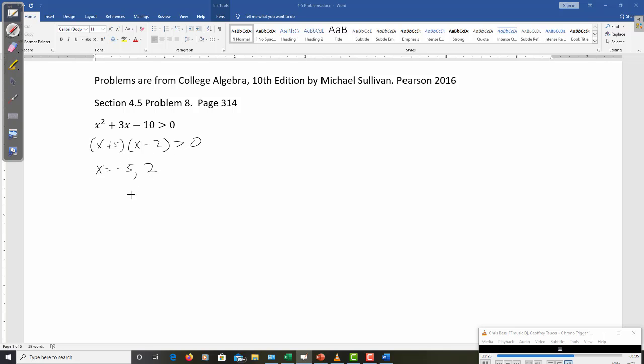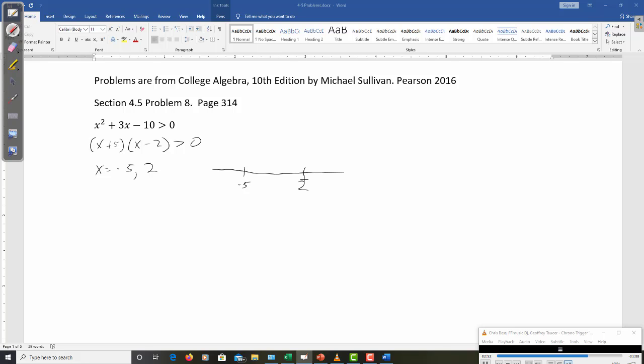So that means our solution intervals are going to be around these things, but not at them. So that's why we use these to divide up the number line into intervals. So we've got -∞ to -5, -5 to 2, 2 to infinity. One or more of those will be our solutions.